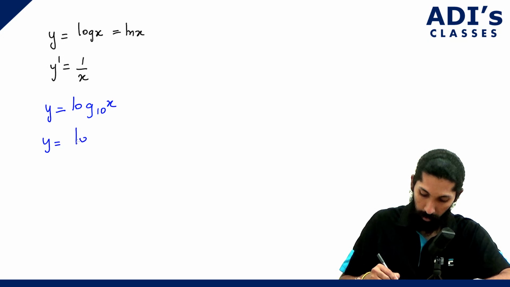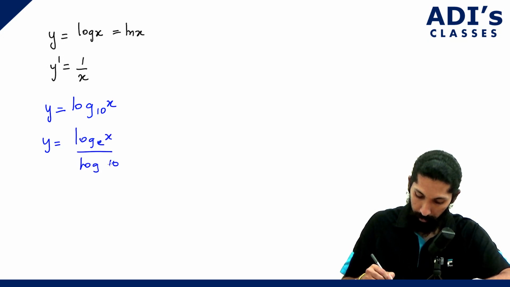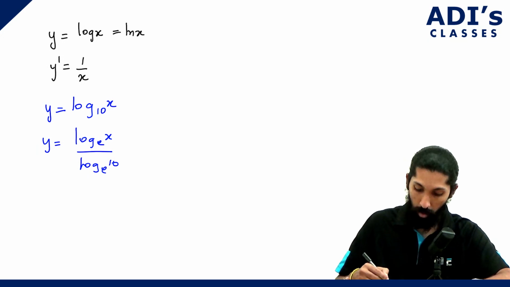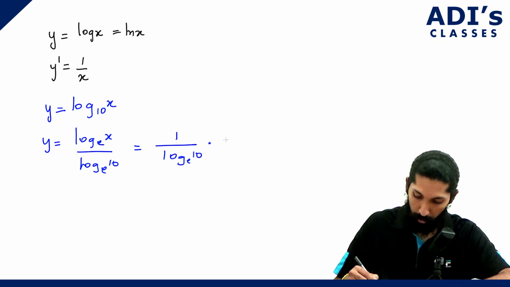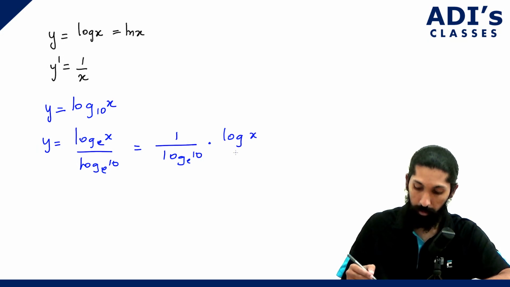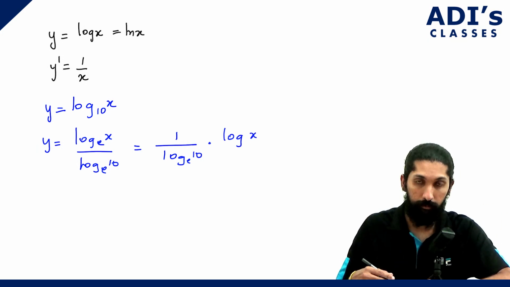Take it as log x to base e by log 10 to base e. Or you can write this as 1 by log 10 to base e into log x to base e.